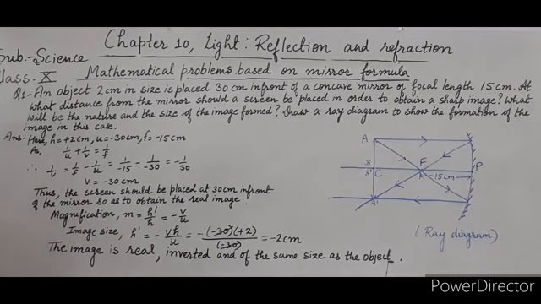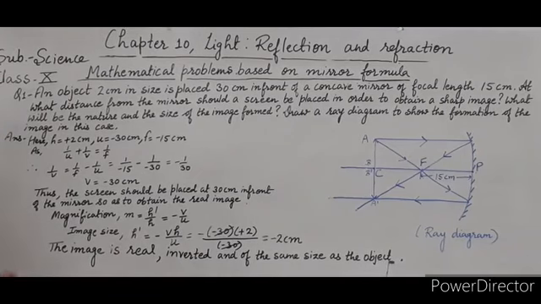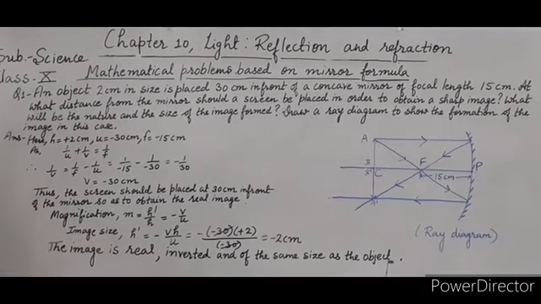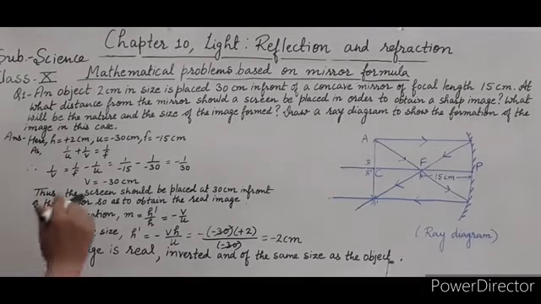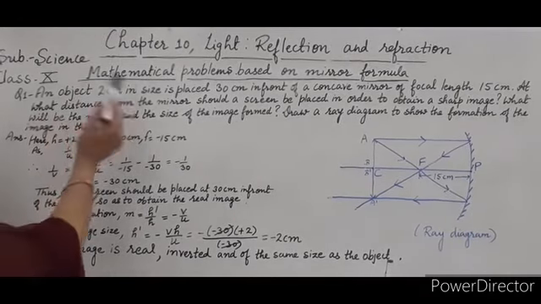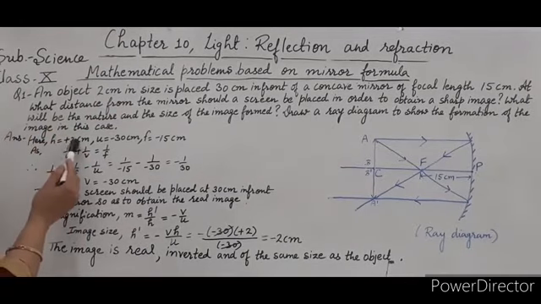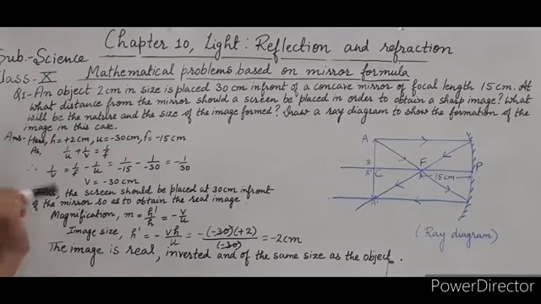So first of all, by using the sign convention, we have to substitute the values of u, v and f, and calculate the value of v. Now, the height of the object is given as 2 cm.